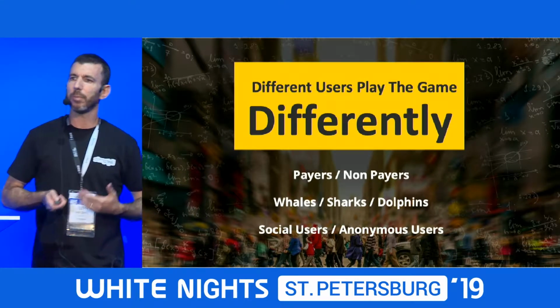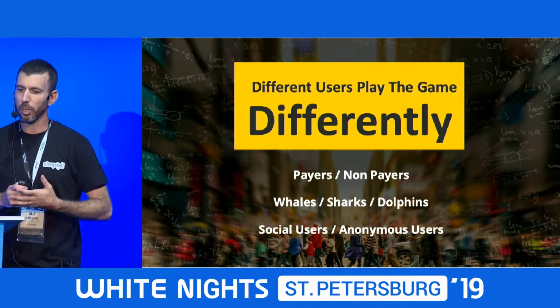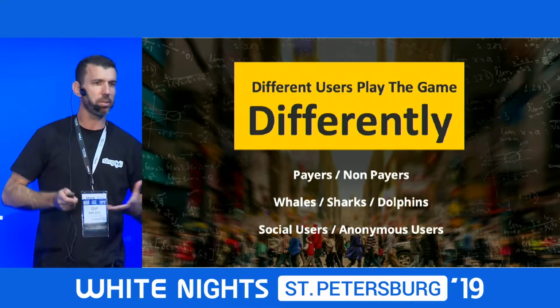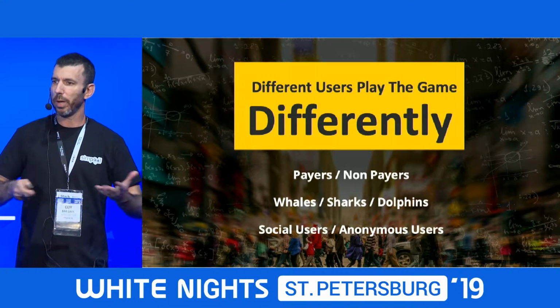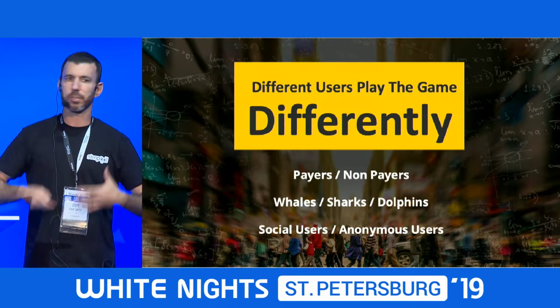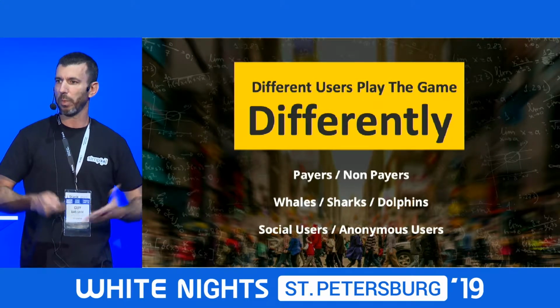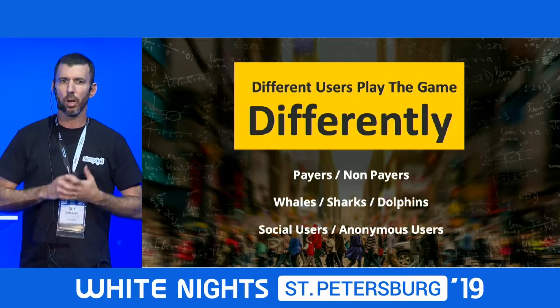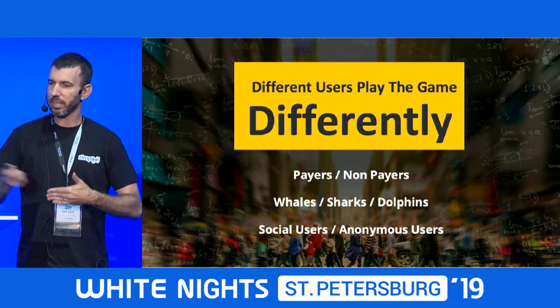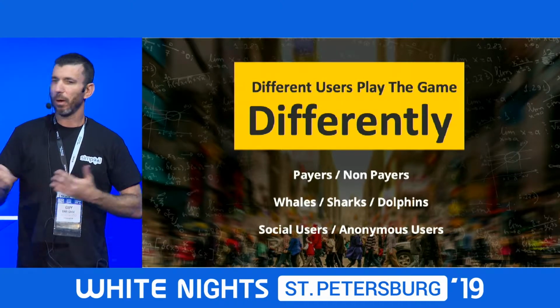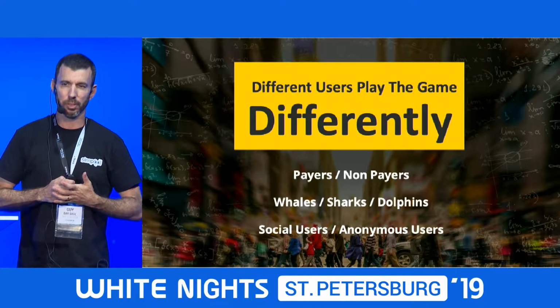Users play the game differently, they consume the economy differently. We have the payers, we have the non-payers, we have the whales, the sharks, the dolphins. We have social users who like to interact with social networks, they like to collect all kinds of gifts. But on the other hand, we have the anonymous. All of us behave differently.